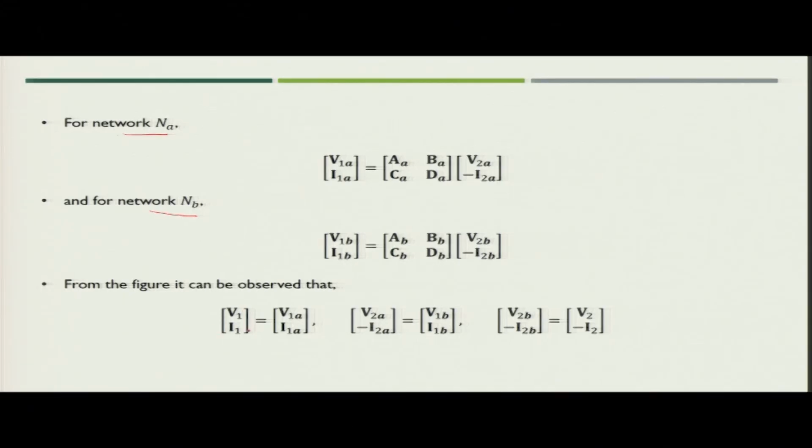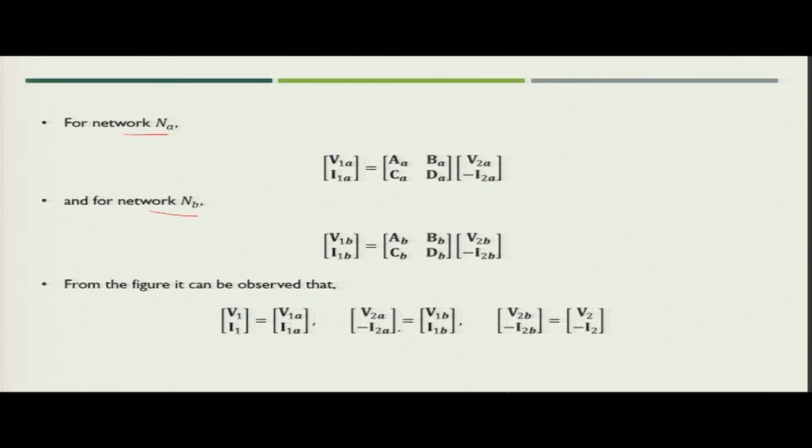We can write that V1 I1 is nothing but V1A I1A. So, this can be replaced with the V1 I1 vector, and then it is equal to the ABCD parameters multiplied by the V2A, minus I2A vector.